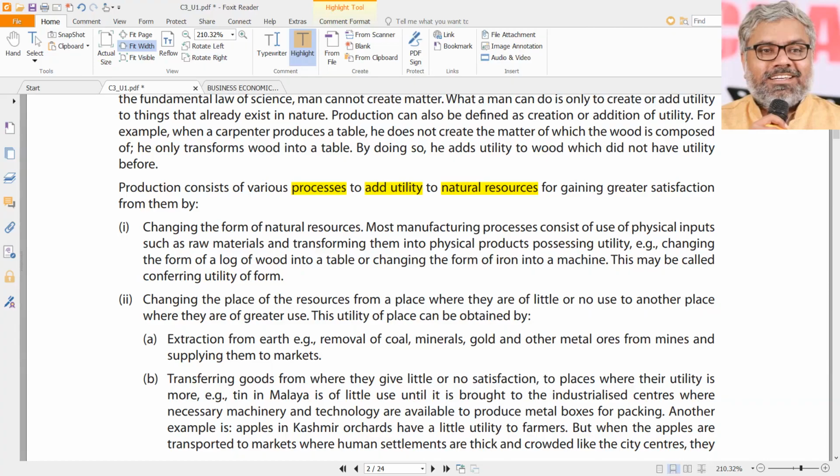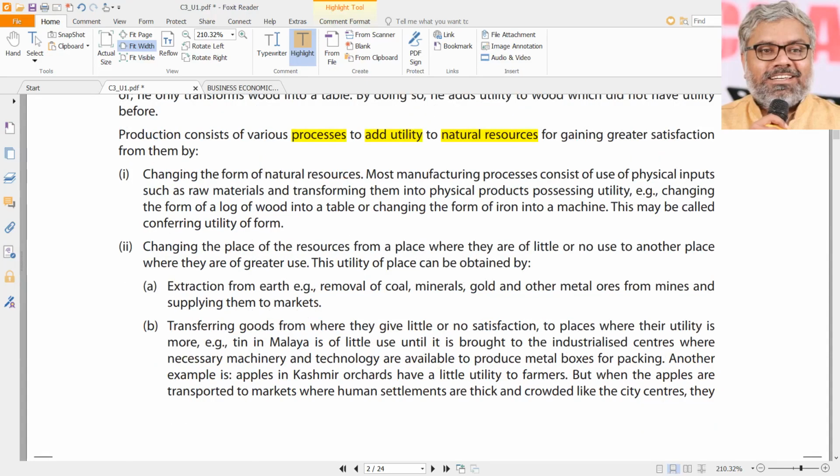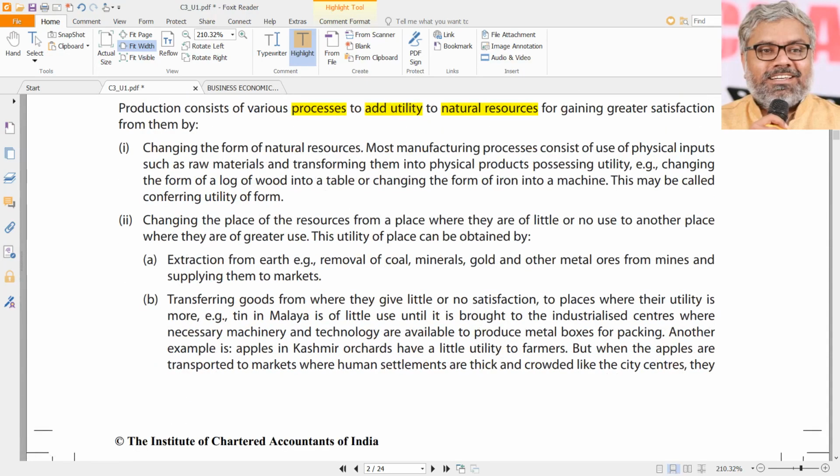So utility here means usefulness, not that consumer utility, theory of diminishing marginal utility. I know utility. We don't know utility. We know only the theory of diminishing marginal utility. That's all. Utility is a bigger thing. So just a name. Now what we are talking about, usefulness is created by the production process to the natural resources, so that ultimately after the goods and services are produced, they will generate a greater satisfaction to the consumers, whoever are using them.